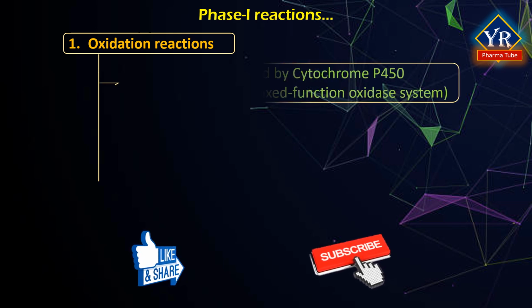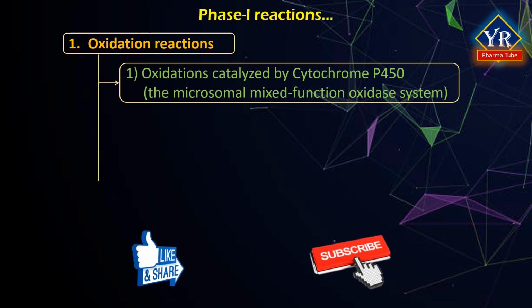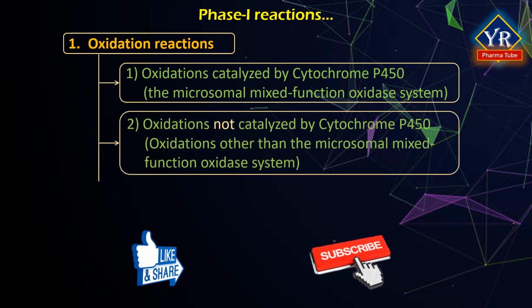Number 1, the oxidations involving or catalyzed by cytochrome P450 enzyme, that is, the microsomal mixed function oxidase system. And number 2, the oxidations not catalyzed by cytochrome P450 enzyme, that is, the oxidations which do not use the microsomal mixed function oxidase system.